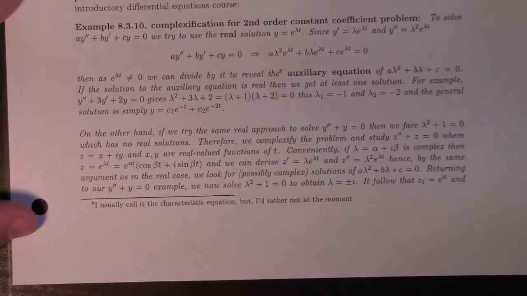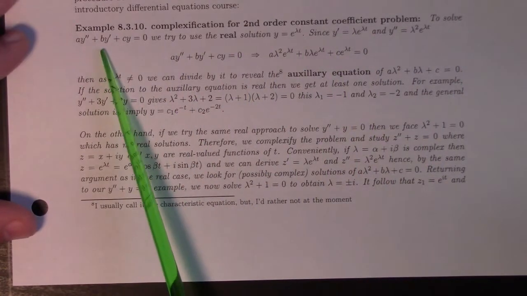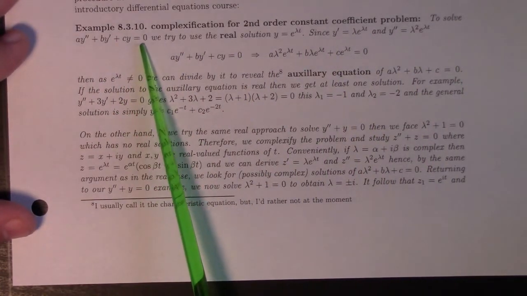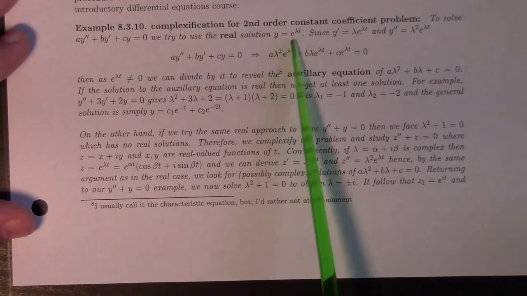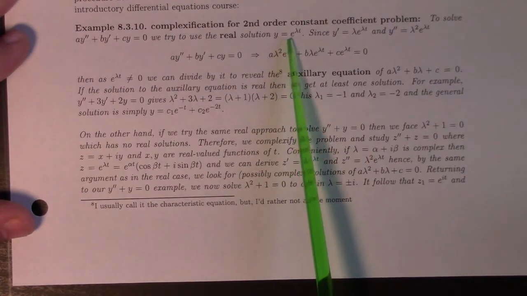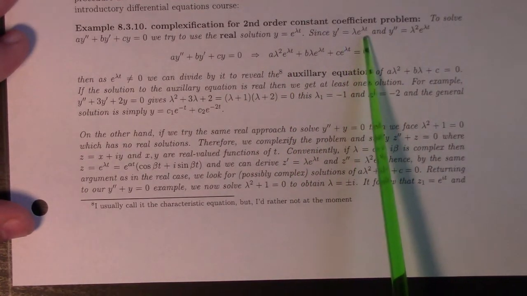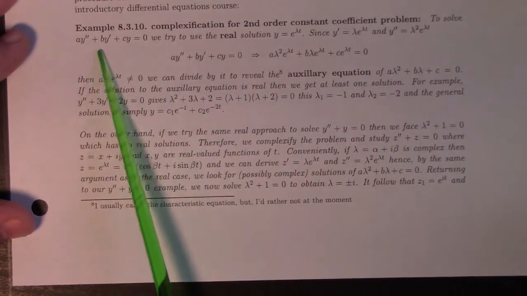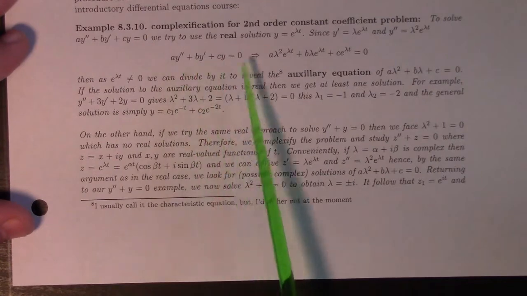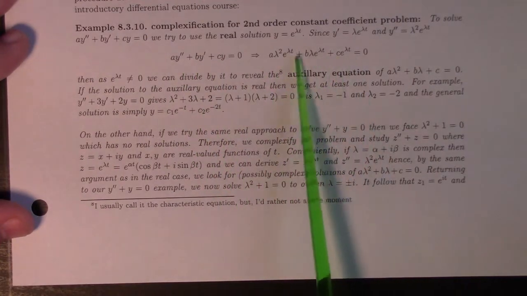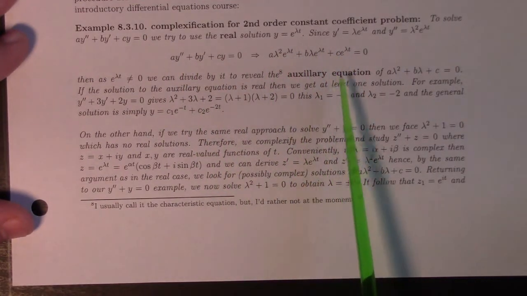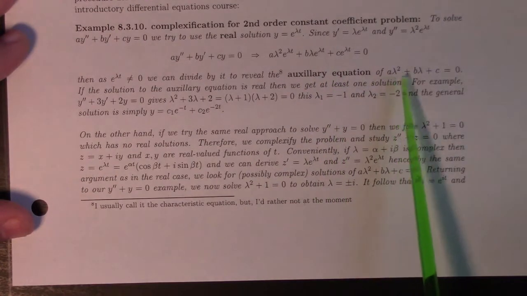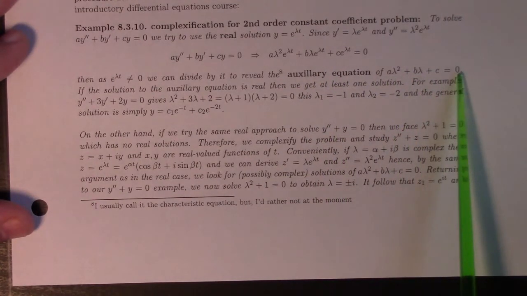To solve a y double prime plus b y prime plus c y equals 0, we try the real solution e to the lambda t. Since y prime is lambda e to the lambda t, and y double prime is lambda squared e to the lambda t, you make a guess and plug it in, and because e to the lambda t is non-zero, this requires that the auxiliary equation a lambda squared plus b lambda plus c be 0.